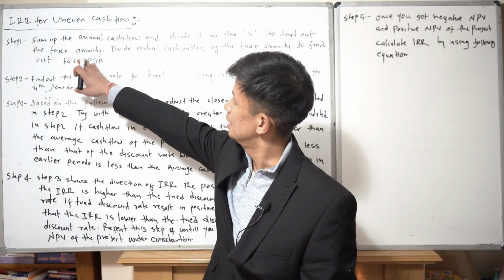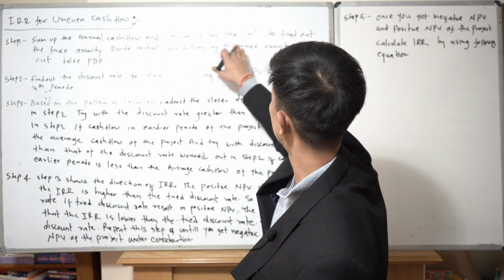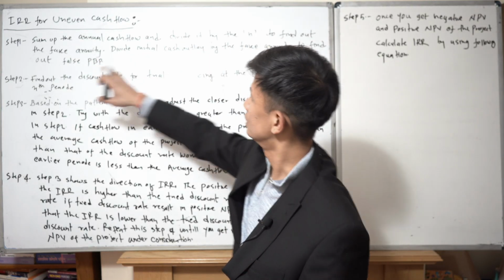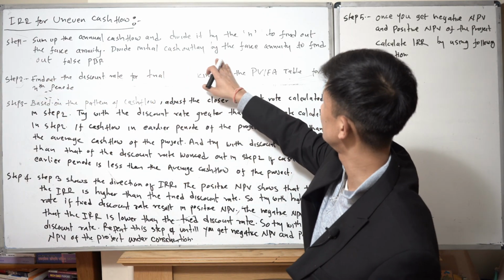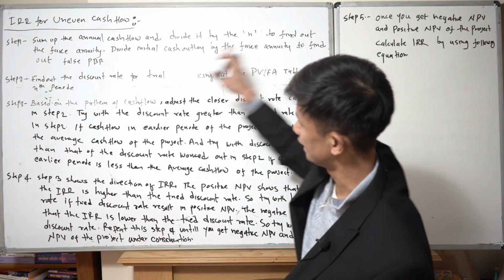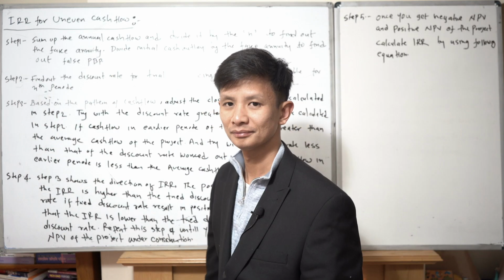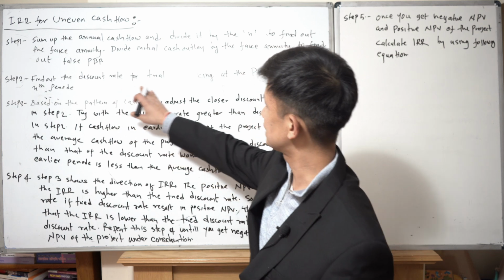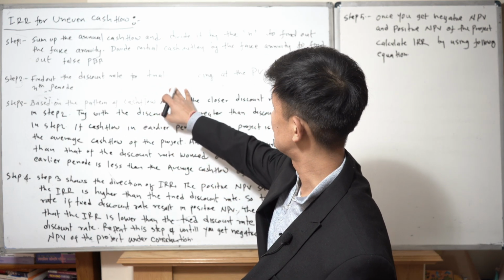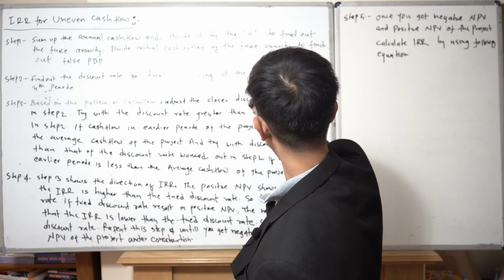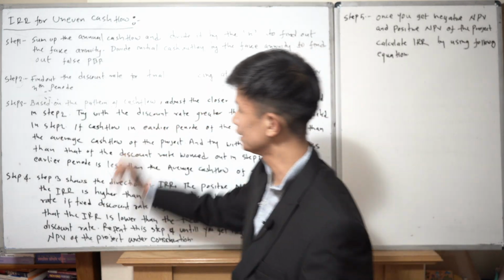Step 1: sum the annual cash flows over n years, divide by n to find the fake annuity, and divide the initial cash outlay by the fake annuity to find the fake payback period. Step 2: find the discount rate for the fake payback period by looking at the present value interest factor table for the nth period.